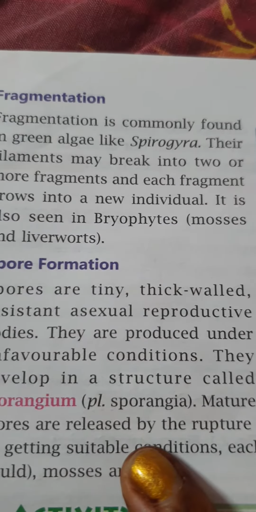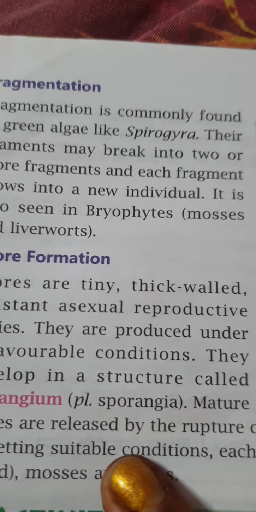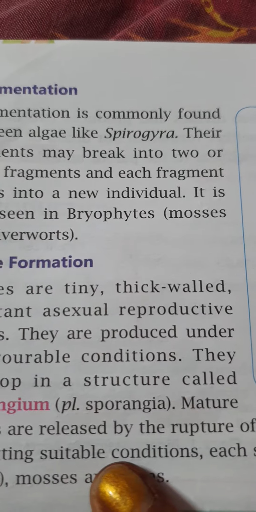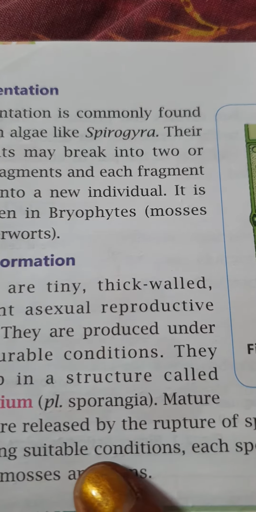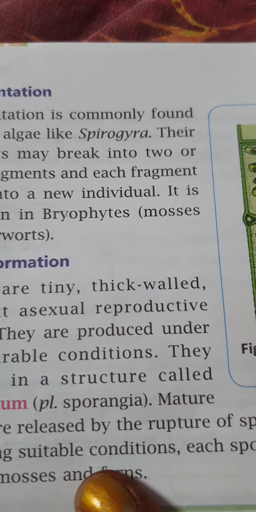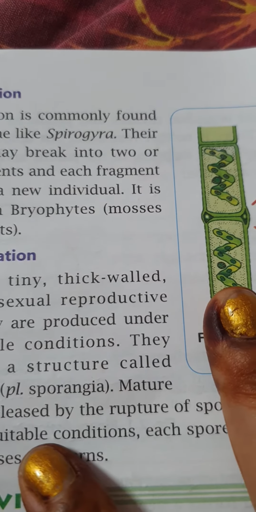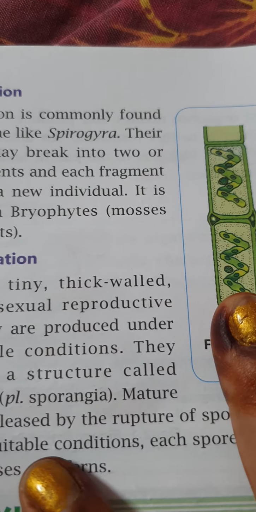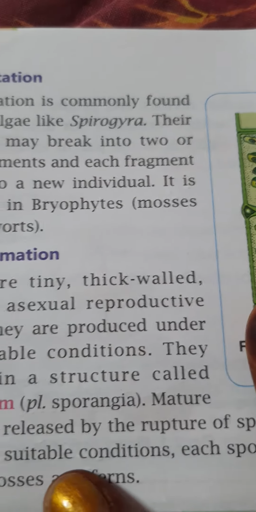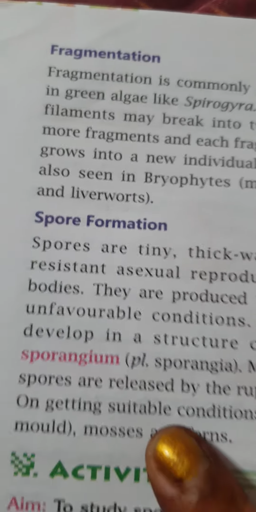In fragmentation, what happens? This is also a mode of asexual reproduction, but in this, a new plant is produced from a portion of the parent plant. From where is it produced? From any portion.